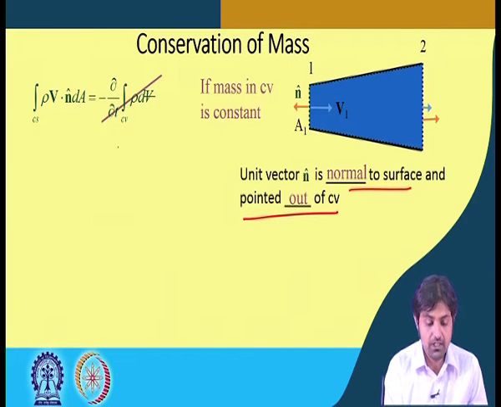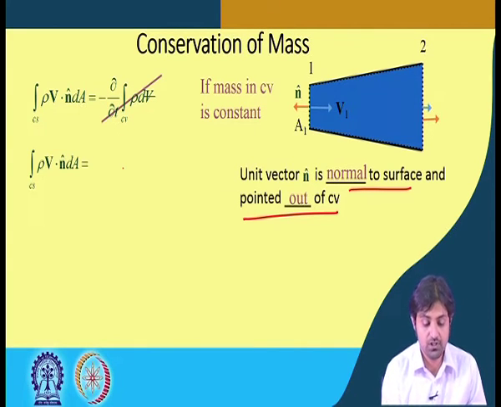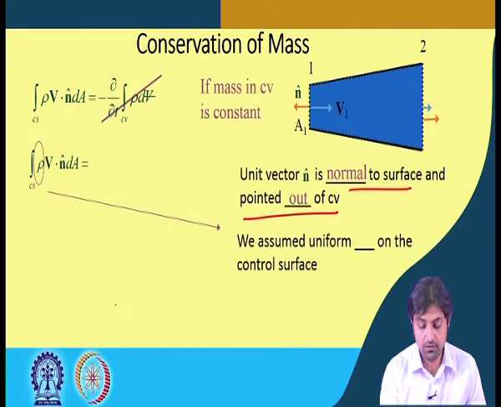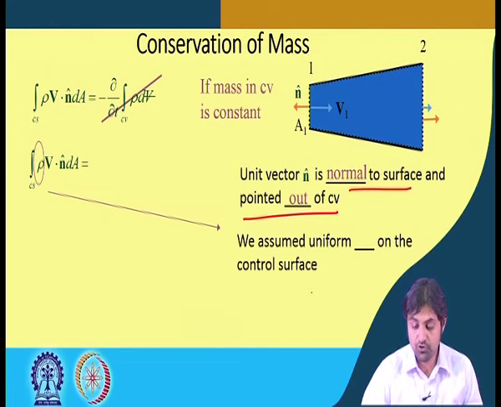So there is no rate of change of mass if we assume the mass in the control volume is constant, then this gives integral of rho V dot n dA is equal to zero. Here we assumed uniform rho on the control surface, so rho can be taken out.